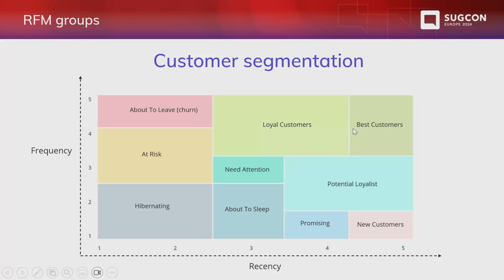On the other hand, some loyal customers can drift into the need attention cluster and then the at risk cluster, etc., if they begin to spend less or have not ordered in a while.